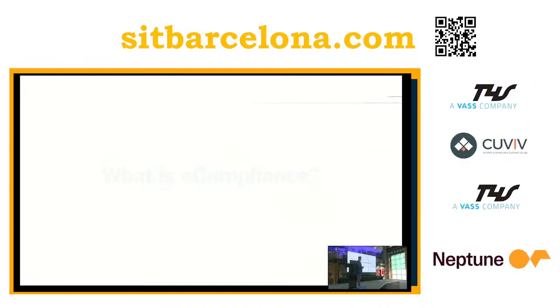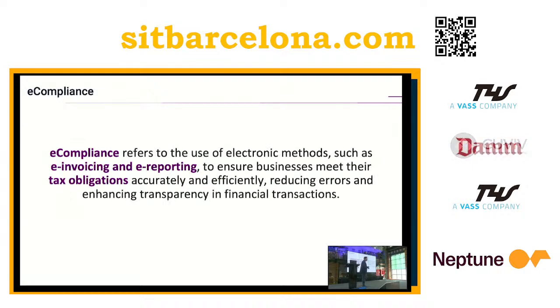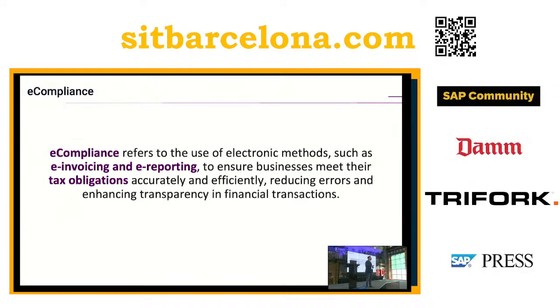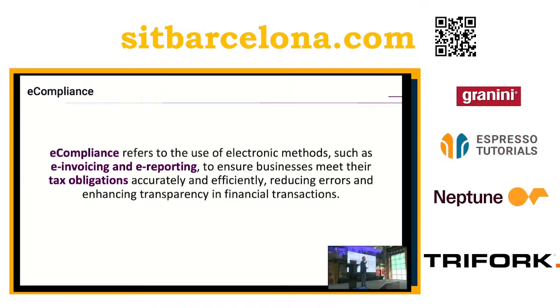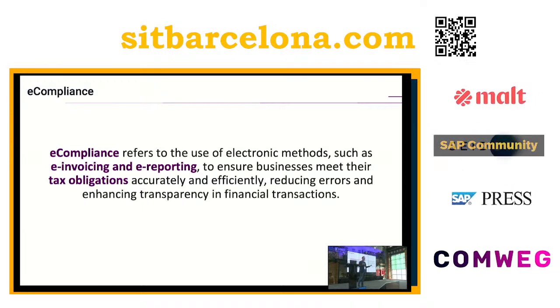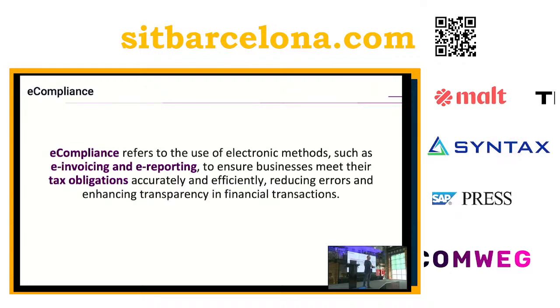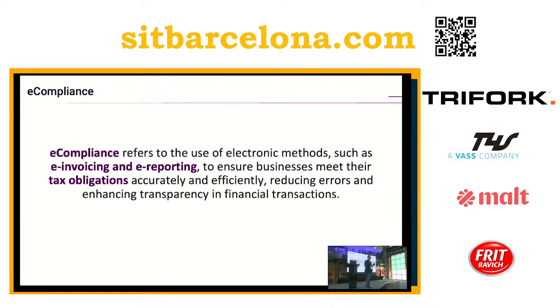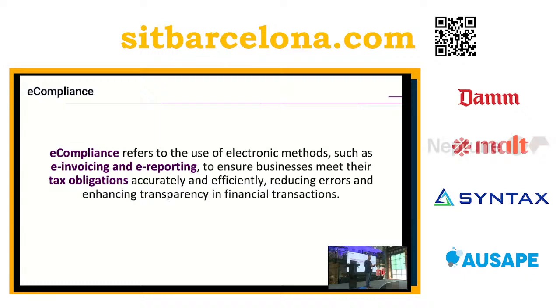It refers to the usage of electronic methods like electronic invoice and e-reporting to ensure that businesses meet their tax obligations. This is very simple. Of course, we can describe it better, including indirect taxes and direct taxes, but here it's enough: electronic invoice and electronic reporting.